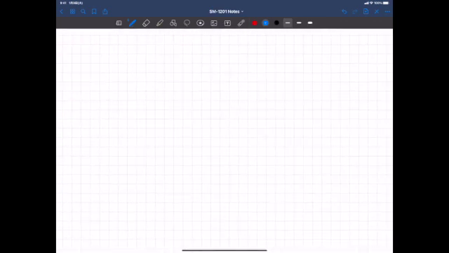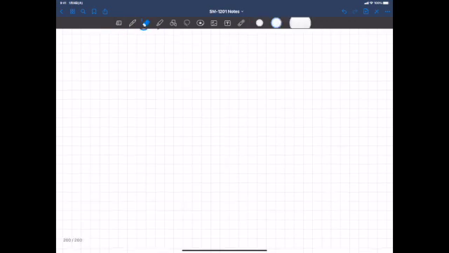To prove that, we just need one example. For example, if a_n is negative 1 to the power of n, then this is not a convergent sequence, but it is bounded. It can take only 1 or negative 1, so it is bounded, but it doesn't converge. Therefore, the converse of that theorem does not hold.